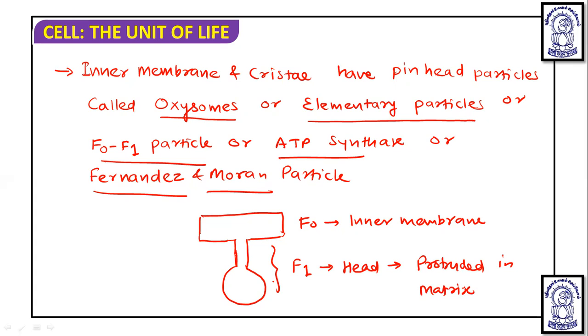So this is extended in the matrix, whereas F naught is located particularly in the inner membrane. Now this head, that is the oxysome head, is involved in phosphorylation of ADP, and phosphorylation of ADP will form ATP.